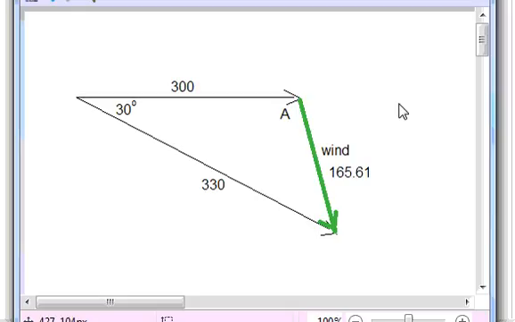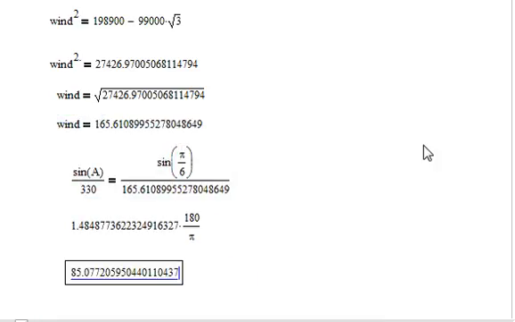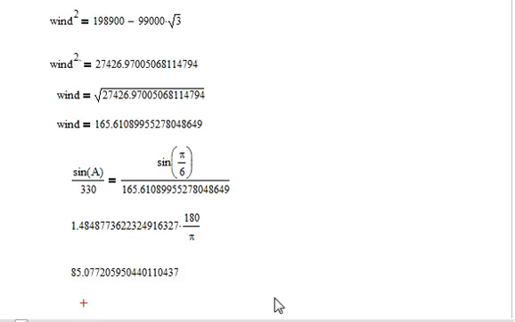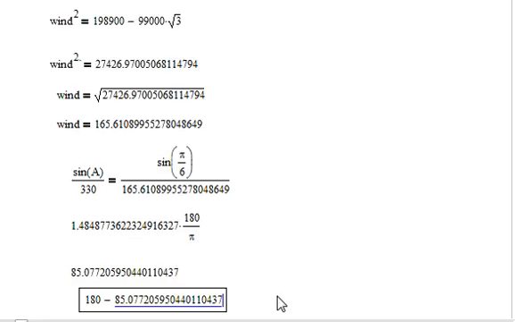Let me remind you about a very important thing about the law of sines. There is such a thing as an ambiguous case. So the angle isn't 85 degrees, it's in fact 180 minus 85 degrees.